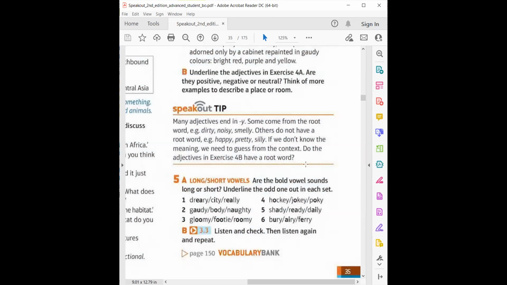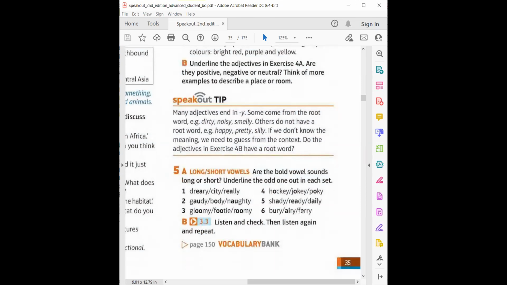All right. Now, let's have a look here. I will let you try to read them. After that, I'm going to play the recording and see how we pronounce them. They're telling us, are the bold vowels short or long? Do you know the difference between short and long vowels?